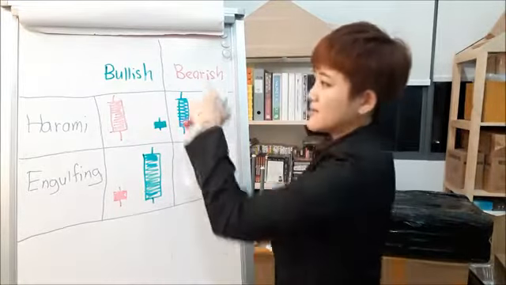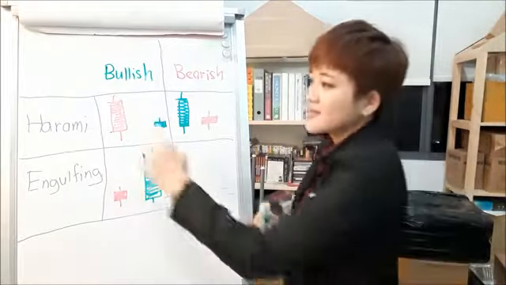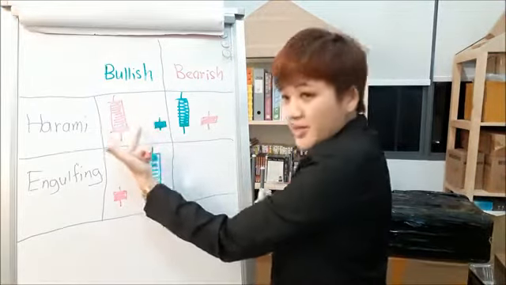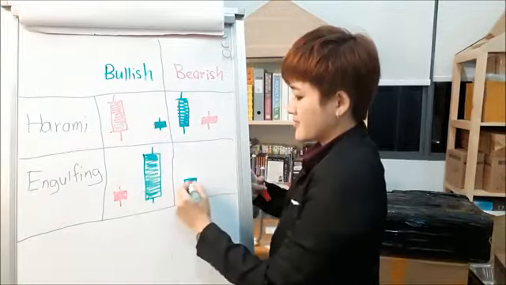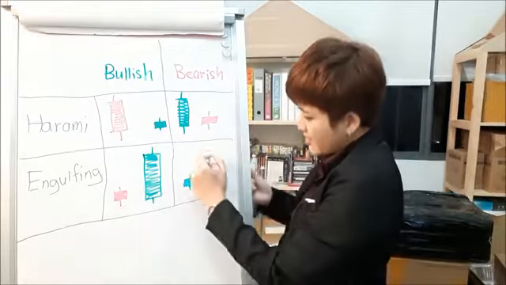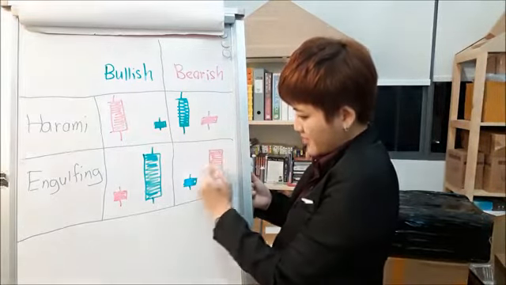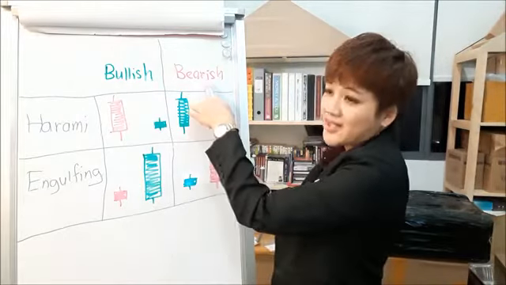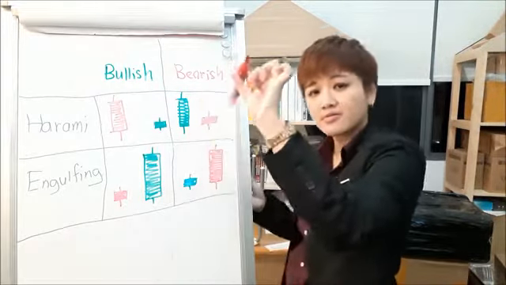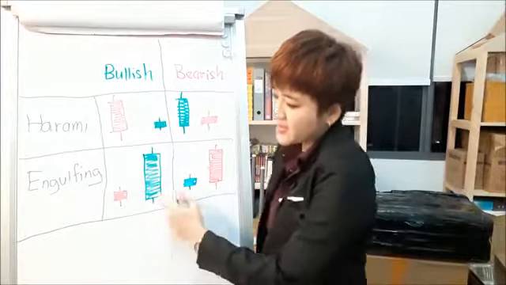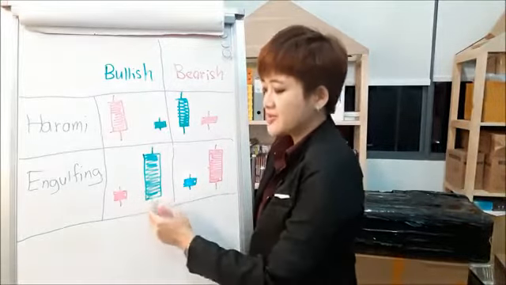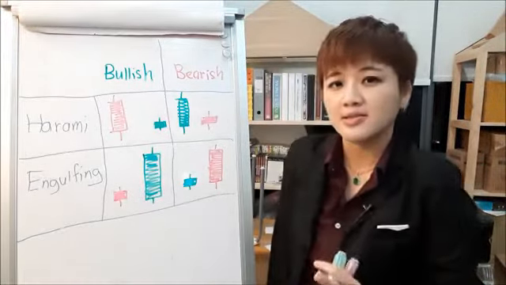Bearish engulfing pattern: you take this, flip it, then you get a small green candle, followed by a big red candle. So it tells you that price is going to go down. Same thing for this one: the larger the difference, the stronger it is.